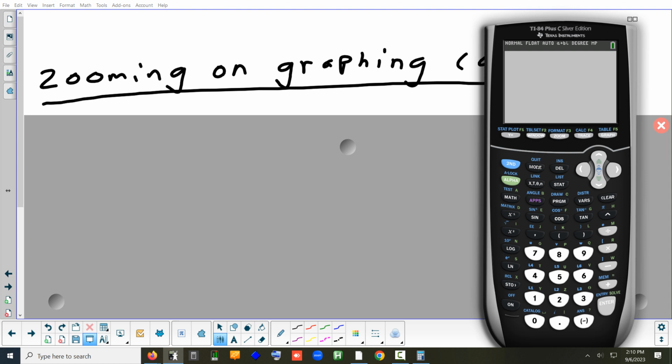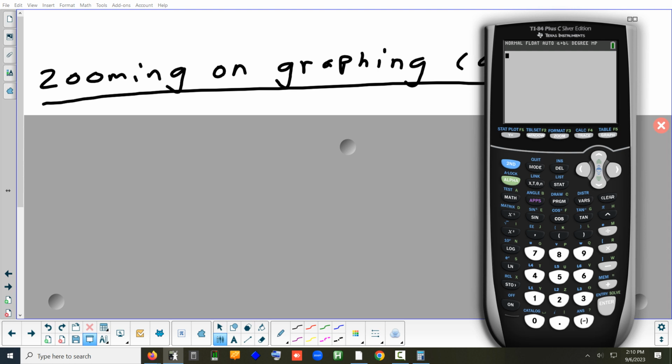So anytime you press the blue button, it's going to do what's written up above in blue. Now, when you press second quit, you might be at a screen where somebody did a calculation. If you don't want to see what's on the screen, you can press clear and it'll get rid of it. Okay, is everybody at a screen that looks something like that?